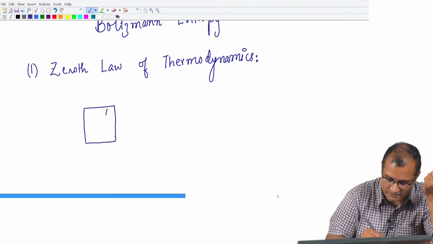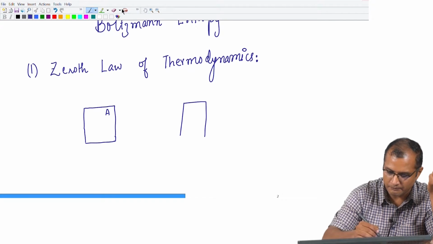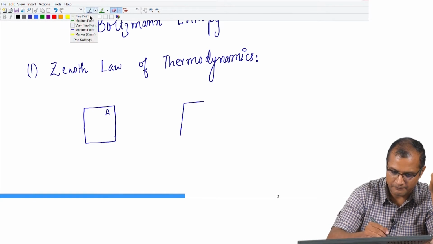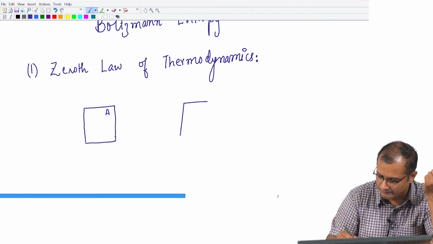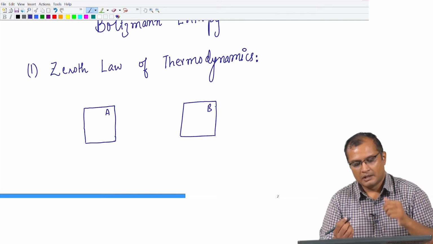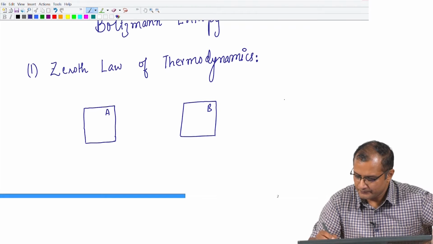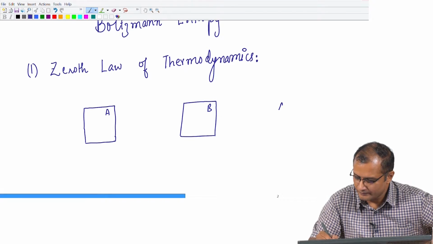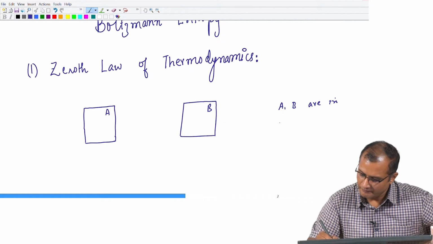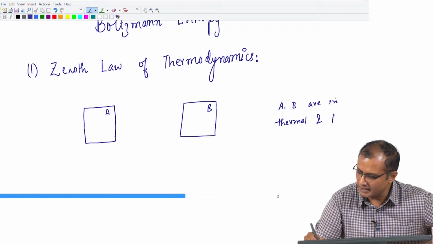Let us call them system A and system B. And let us say that they are at both thermal and mechanical equilibrium.